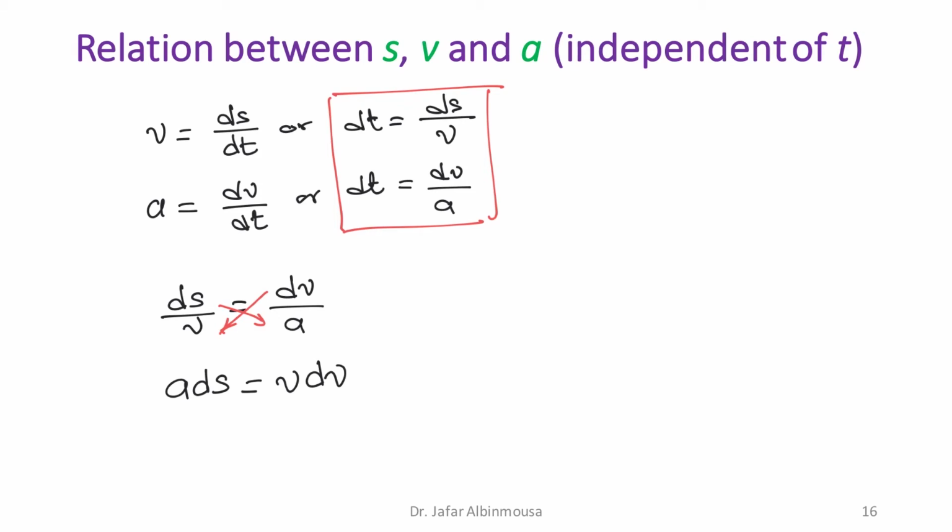Now if we express this equation in a vector notation, we would have to specify the direction, for example, the right-hand side positive and the left-hand side negative. This relation is very important and useful, as we are going to see later in the course.